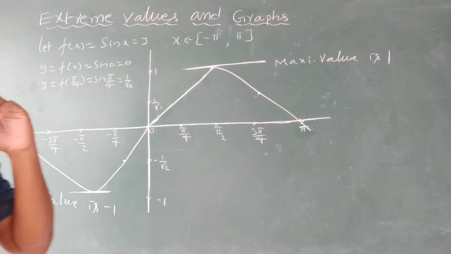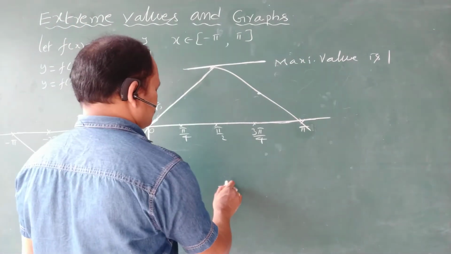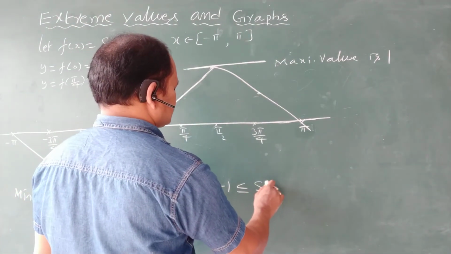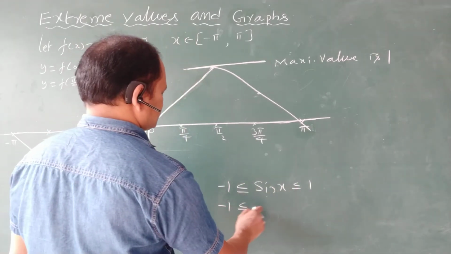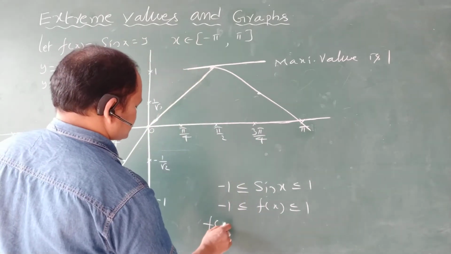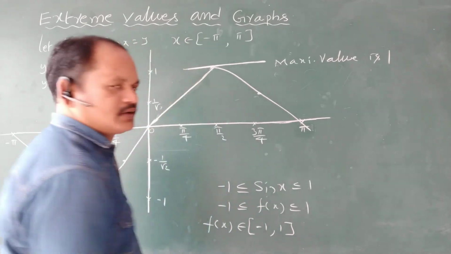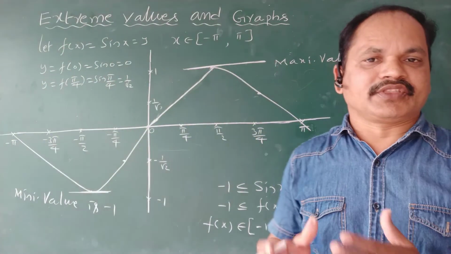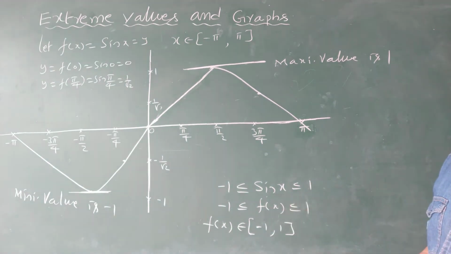That's why sin x lies within the interval minus 1 to 1, that is, minus 1 is less than or equal to sin x, which is less than or equal to 1. So f of x belongs to the closed interval minus 1 to 1.